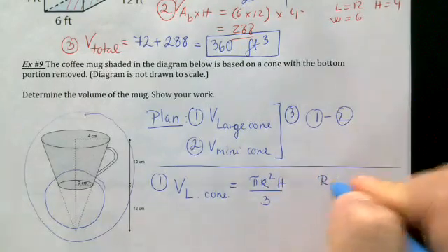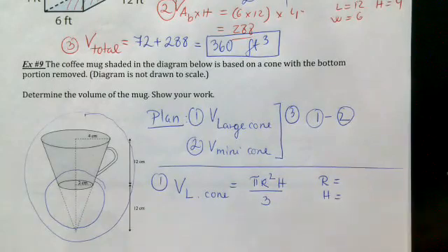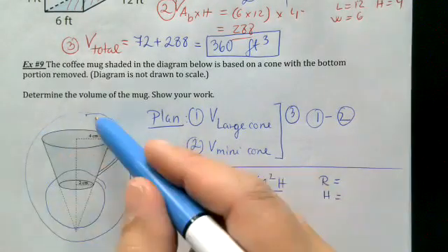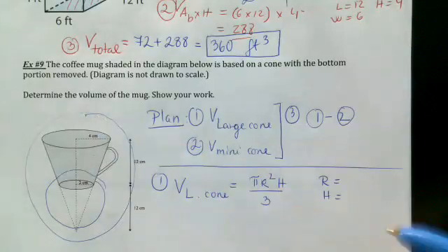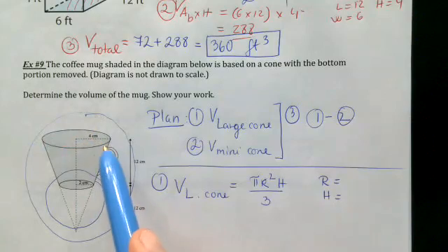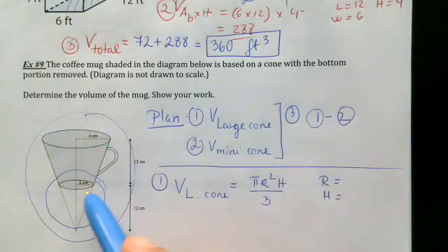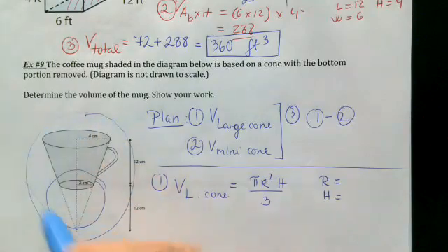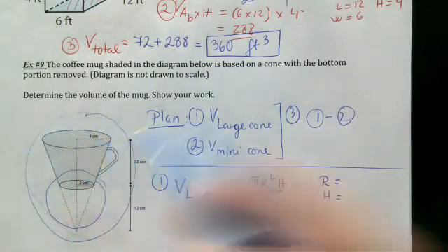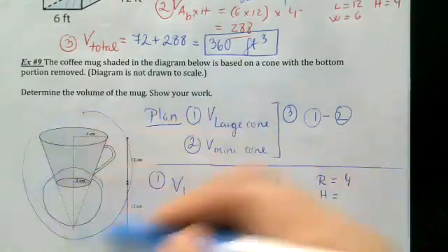We need the r and we need the h. The radius for the large cone. That means the base of it is the circle right at the top. The radius is, not this bottom one, we're doing the big one, 4. Height is, for the large one again.